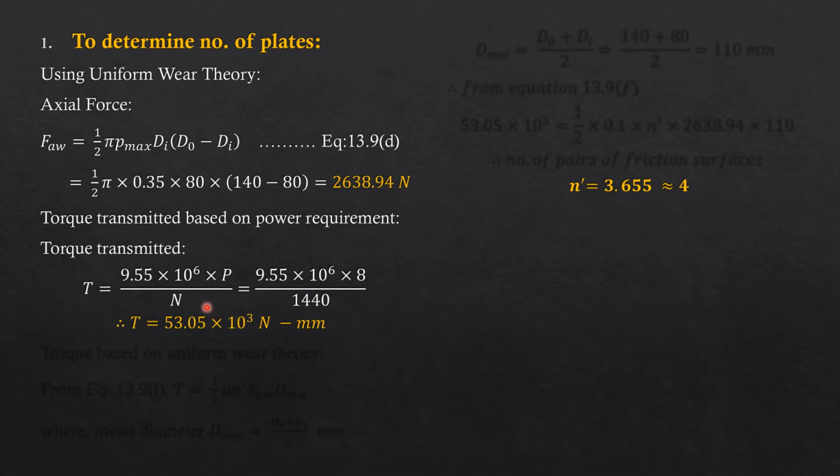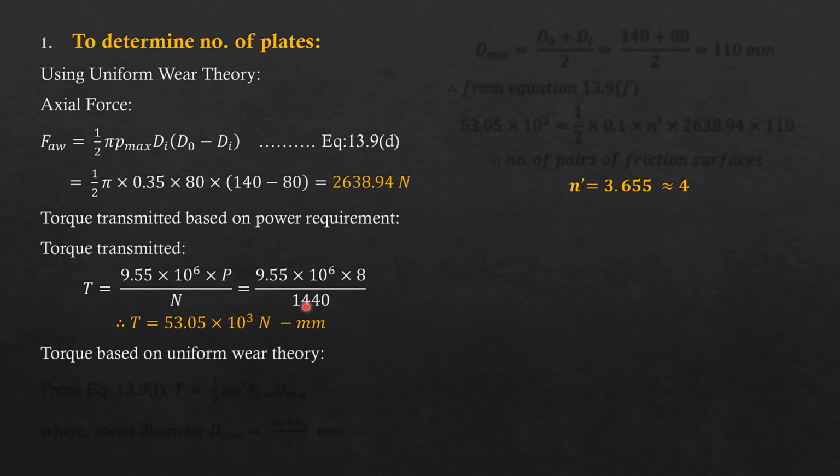Therefore, you solve this and you will get the torque as 53.05 into 10 power 3 Newton mm. So this is the torque that we need to transmit 8 kilowatt power at 1440 RPM.